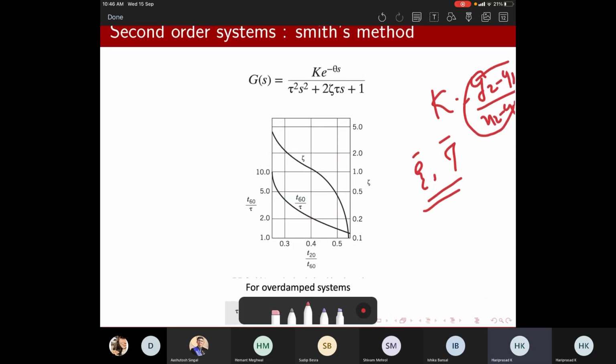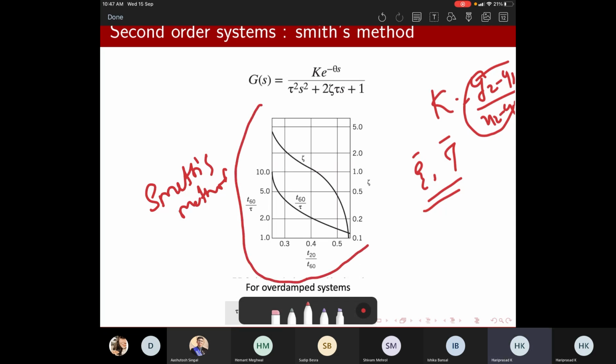One particular method that people use is known as Smith's method. This particular graph is used in Smith's method, as a reckoner. It's like a heat exchanger table.